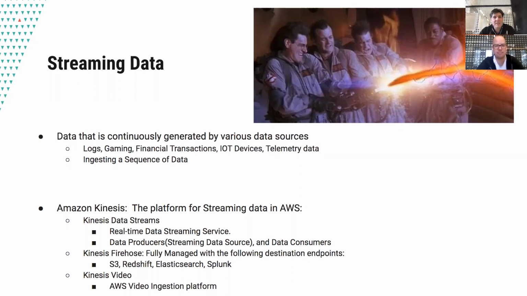Yeah, so today what we have here is the Amazon Kinesis platform on AWS. There are three main categories they have for streaming data continuously: Kinesis Data Streams, Kinesis Firehose, and Kinesis Video. Kinesis Data Streams consists of a producer producing data from somewhere on the cloud or the web or an IoT device, which is then transmitting all that data to what AWS defines as a stream in the cloud, which consumers can consume that data from for whatever purpose they want.